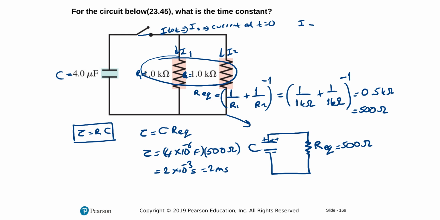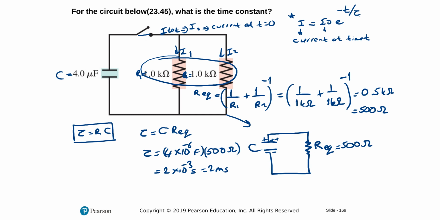I can find current at any moment in time using this equation, remember? And I can choose my t. I know tau, I know this guy. At any moment in time I can find the current, the current at time t. But it's not asked, right? It's not asked. If it was, I would be able to find it, given the values.